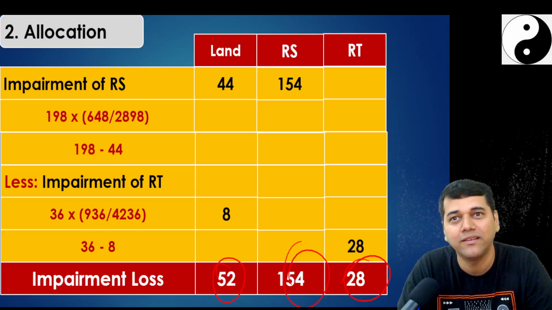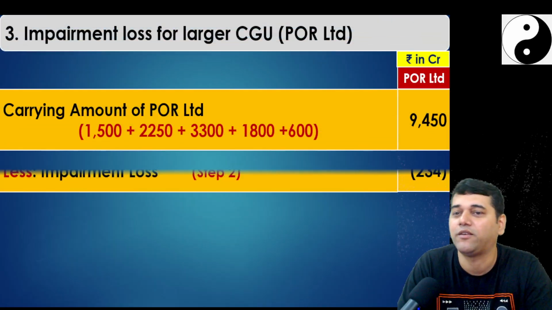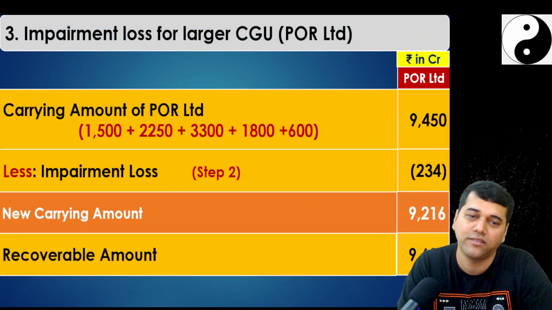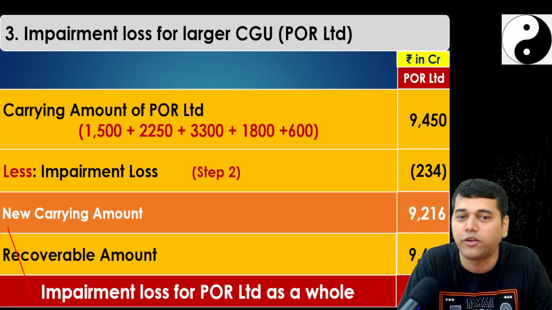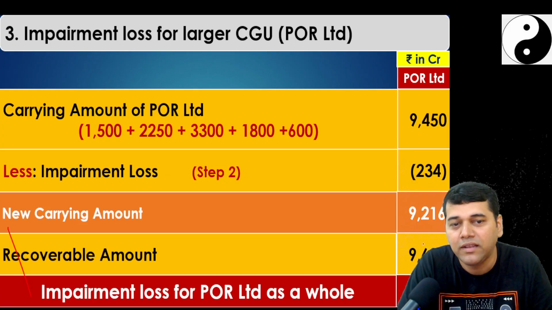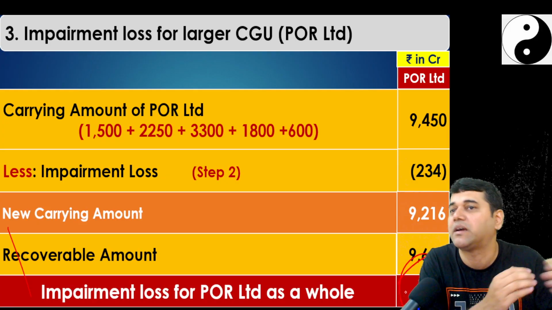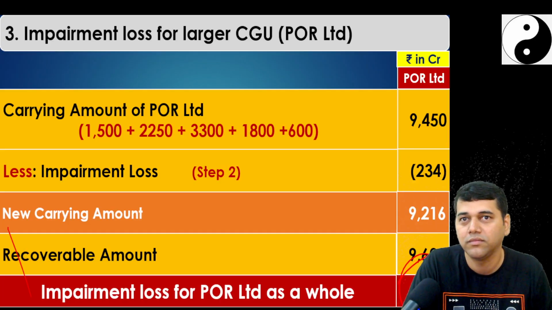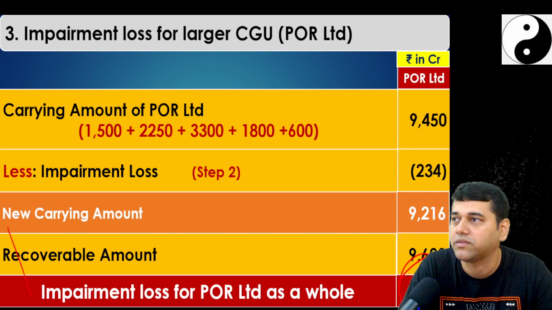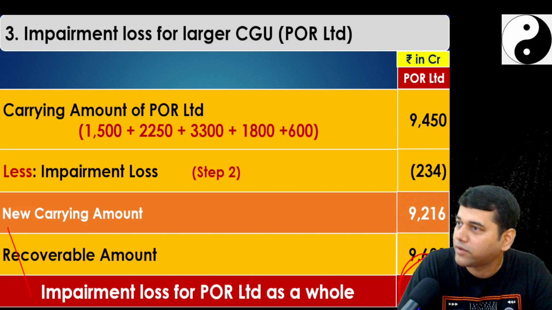So the last is again the final story is the same. Maybe they may give you 1 mark for giving a comment on this. At this level, since you said there is no impairment at a company level as a whole, because they really don't want to give 0, they may give you 1 mark for this. Anyhow, clear?